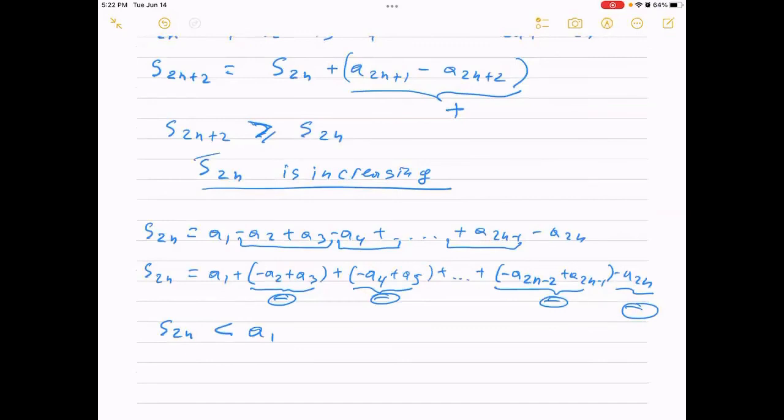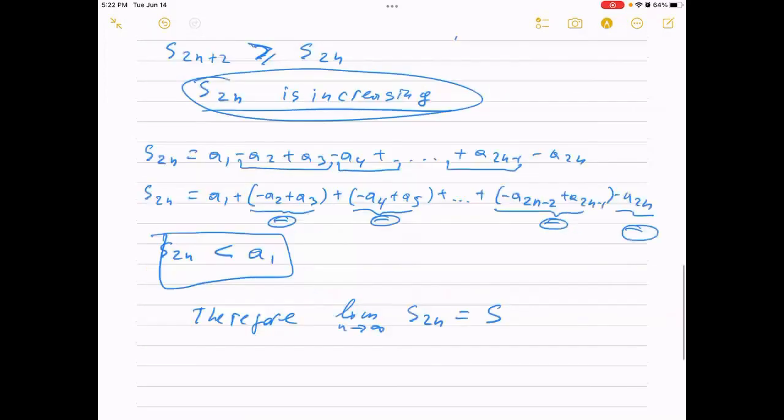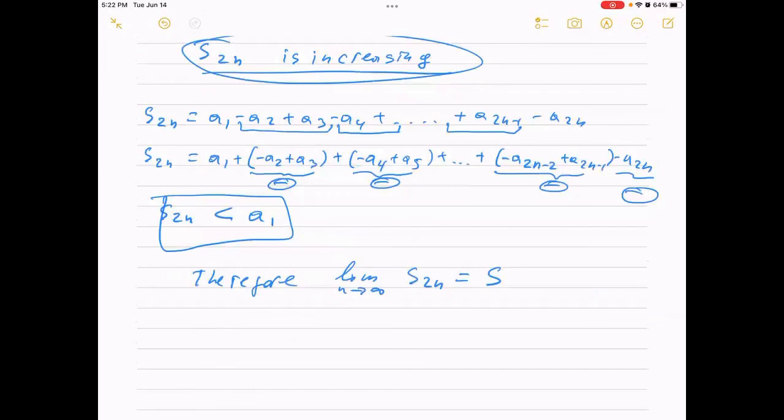Now, if you look at what we got, even partial sums are increasing, and they're also bounded. Therefore, because they're bounded and increasing, we conclude that the limit as n approaches infinity of s_2n exists and equals, say, S. Okay, that's the first part.